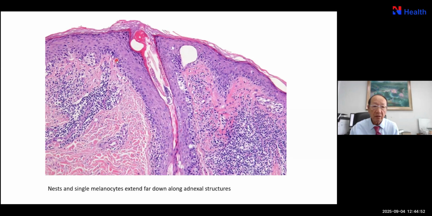This feature also belongs to melanoma. So this is a melanoma that spreads superficially, the superficial spreading melanoma.